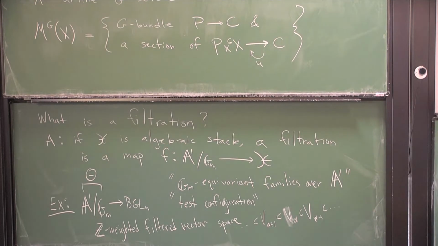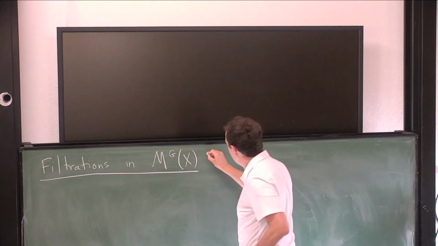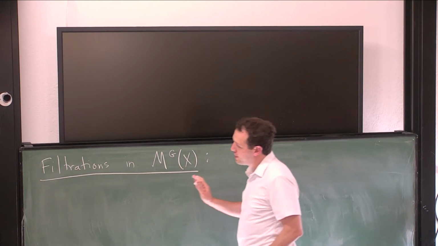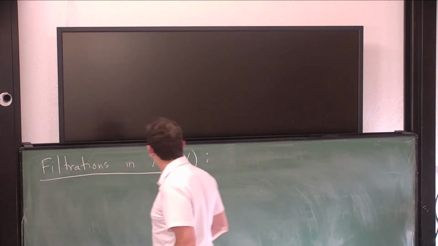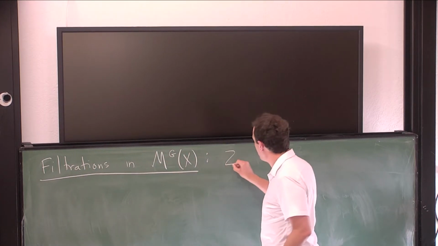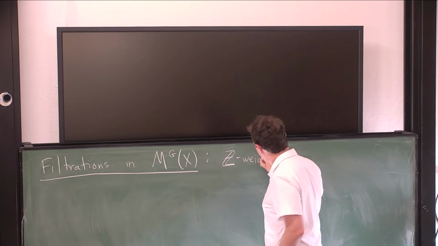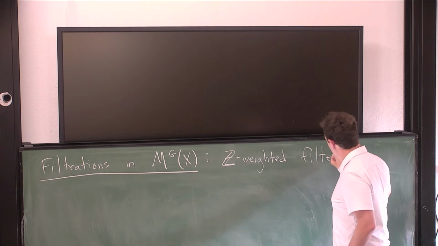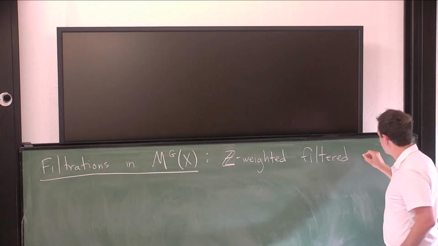So the stack that we care about is filtrations in the moduli of G-bundles with section. Again, it's not a definition, it's just unpacking this definition: it's a Z-weighted filtered vector bundle.